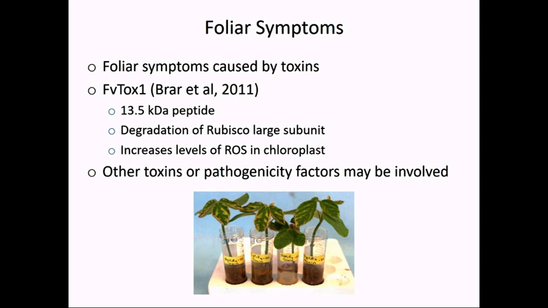And what you're seeing here in the picture are seedlings that have been immersed in a culture filtrate of the fungus. So there's no cells there, no spores, and it's purely, this is the way that certain groups, Hartman and Madan, established that it was really the toxins from the fungus that move up to the plant and then cause these foliar symptoms. It's possible that there are other compounds interacting and contributing to symptoms, but really there's not a lot of information about that.